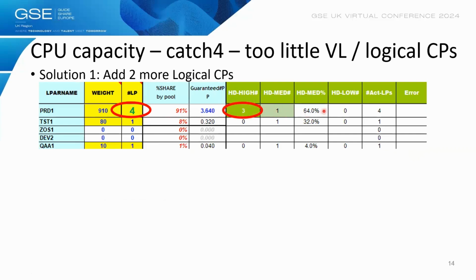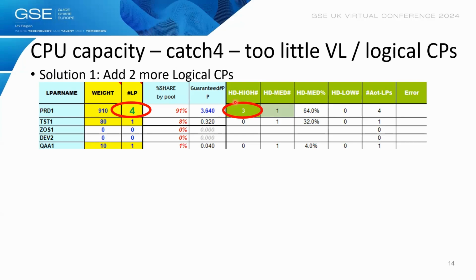So in fact, here we can guarantee that it is really 91% of what we wanted, right? So just by adding logical CPs, vertical lows, or logical CPs more than the physicals that we had, we can now fully map to the weight of the box, right? Earlier we were not able, right?